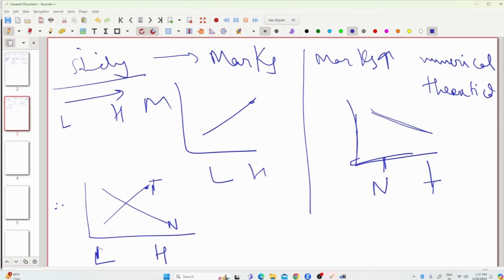It might happen this way when you are studying all of them together, which means for the numerical paper, if you study more, your marks will decrease. Your marks will increase if you are studying more for theoretical paper. So, this is called interaction, and for that we are going to study some plots.